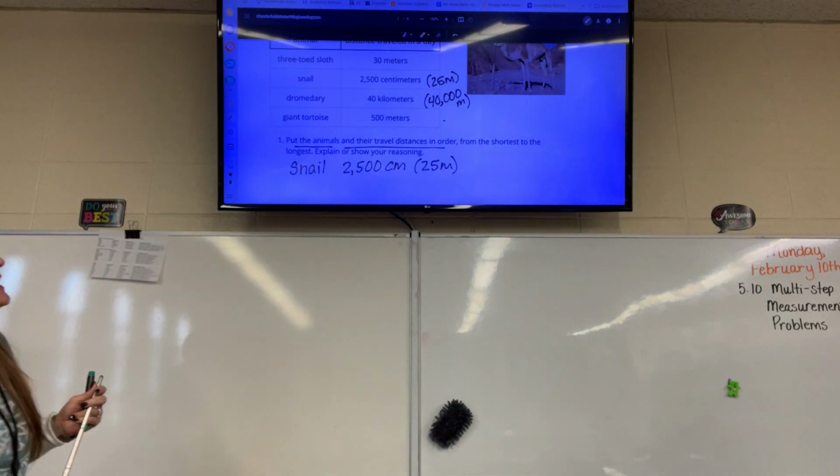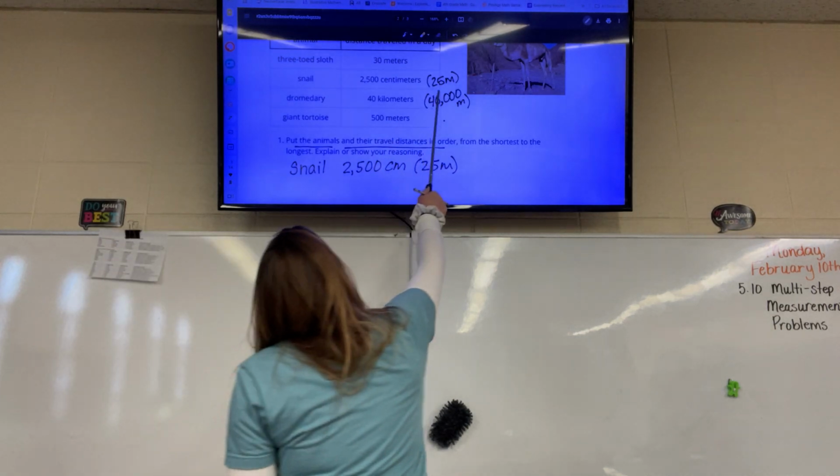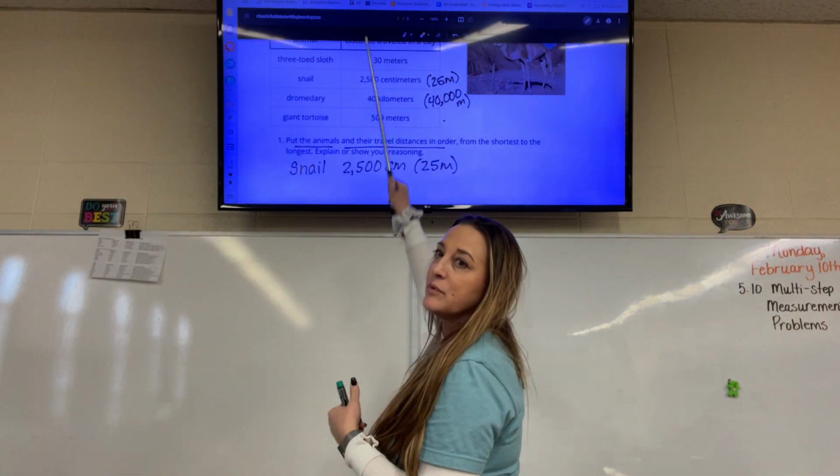Okay, what's the next smallest animal? Macy? Point to it. Todd? The 3-toed sloth, because this one's 25 meters, and the next smallest would be 30.